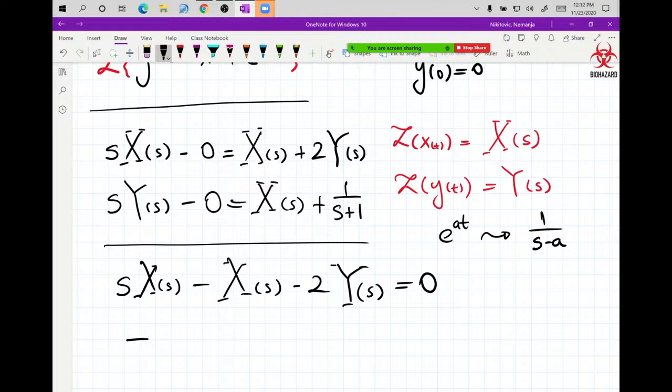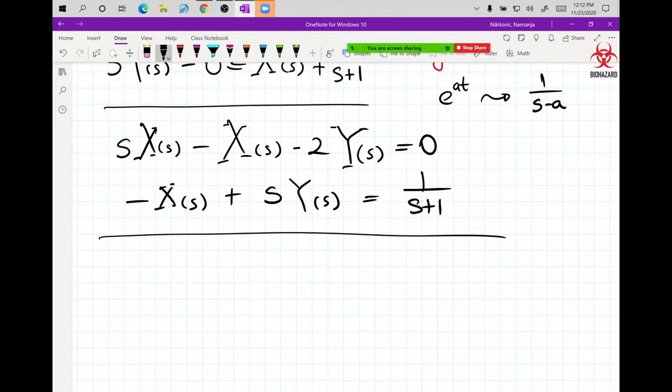And over here I have negative x of s plus s y of s equals 1 over s plus 1. Because x and y are now my variables. Guys, just like algebra 1.